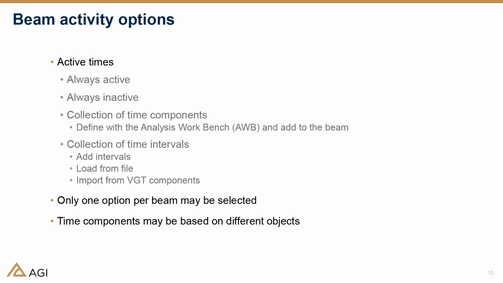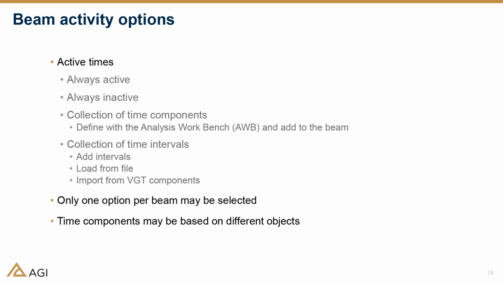You have the ability to set it to inactive because you won't always necessarily have all your beams used in a specific scenario. You may be throwing in different objects to test with, so instead of having to delete that beam entirely, you just have the ability to set it to inactive to make it much easier from a usability standpoint. And then you have the following two.